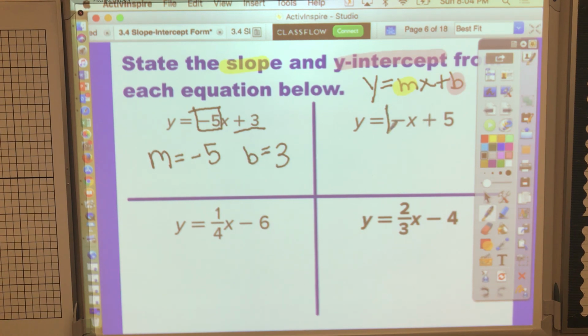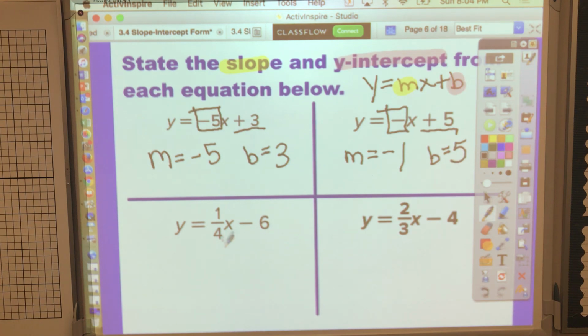Okay, in front of that x, we just have a negative sign. Okay, and what that really represents is a -1. Remember, we don't write that 1 there. But whenever there's a negative sign just by itself with a variable, it's a -1. Okay? Our b term's again positive, so b equals 5.